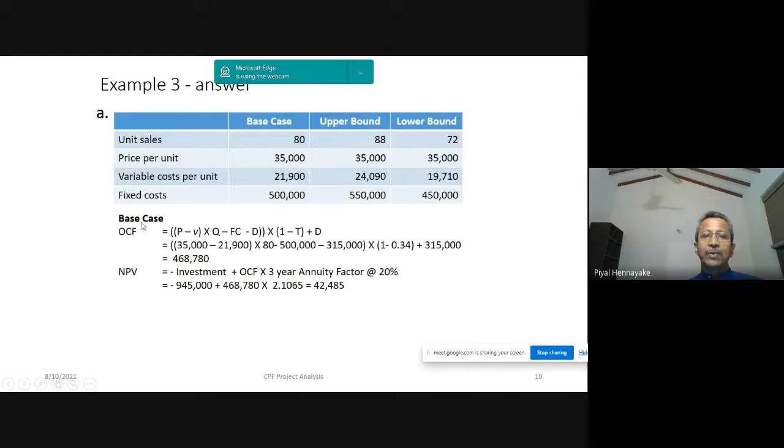Similar to earlier questions, you can calculate. I have given (P minus V) times Q minus fixed cost minus depreciation, times (1 minus T), plus D, which is the operating cash flow. It's 468,780 and the NPV is 42,485. Right.